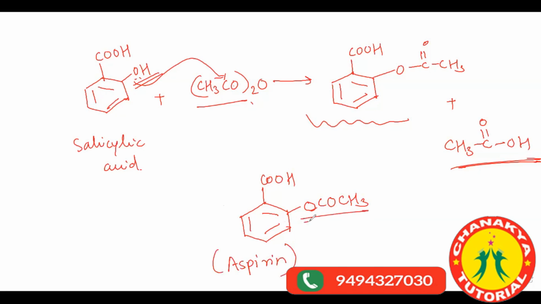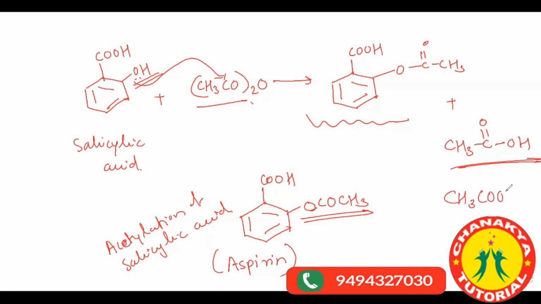The introduction of this group is called what? Acetylation. Okay, to form aspirin. And this is your carboxylic acid. It is also represented as CH3COOH. These both are the same, and these both are the same. Got it?